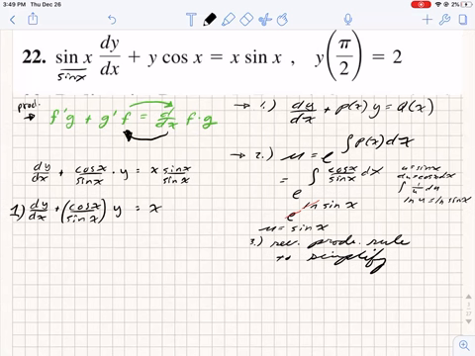So we're going to multiply the whole equation by mu. So sine x dy over dx plus sine x times cosine x over sine x times y is equal to sine x times x.